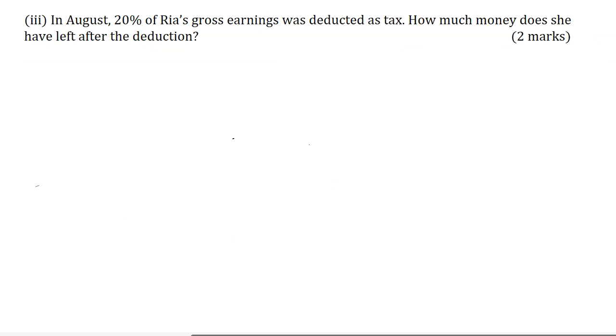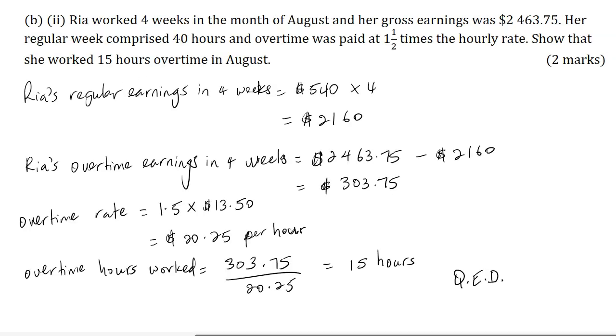Part 3. In August, 20% of Ria's gross earnings was deducted as tax. How much money does she have left after the deduction for 2 marks? So we know here that Ria's gross earnings is $2,463.75.